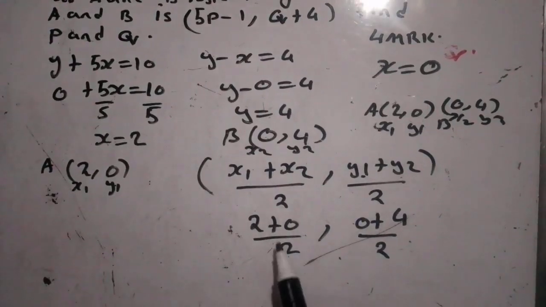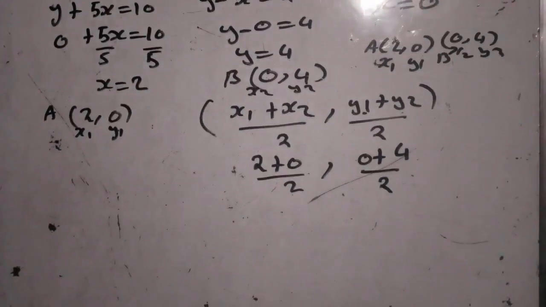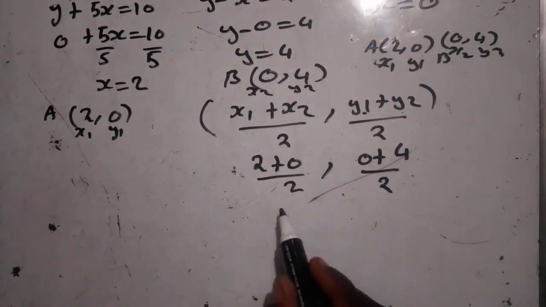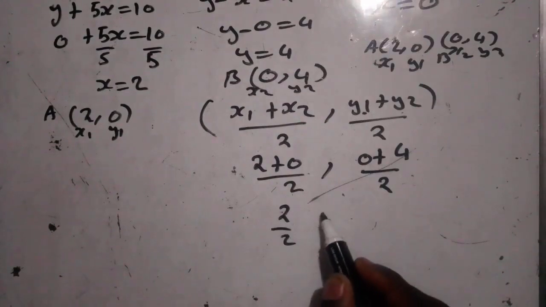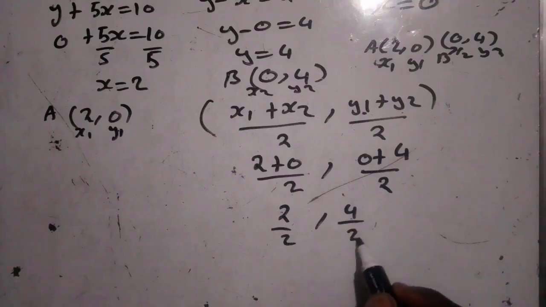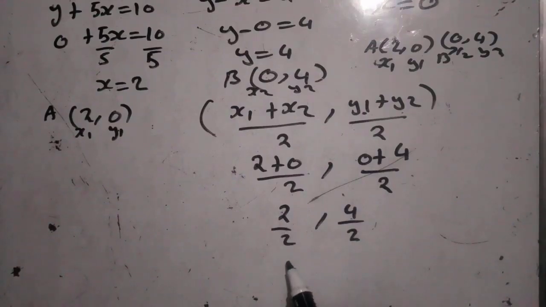When you add, you have 2 over 2, comma, 4 divided by 2. 2 divided by 2 is 1, and 4 divided by 2 is 2. So this was the middle point of A and B, (1, 2).